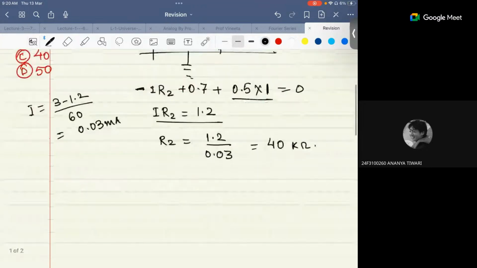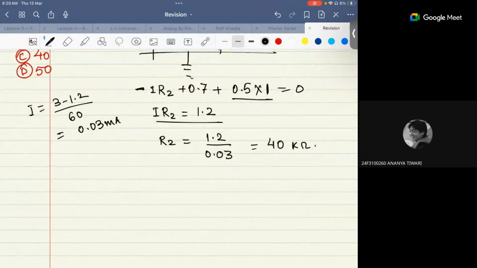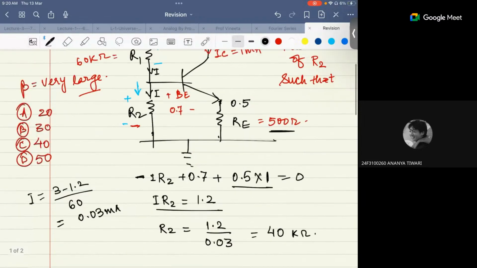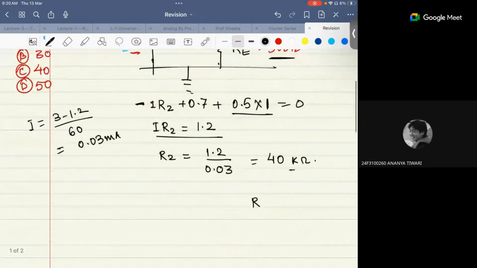One more thing, I already told you two, three times: whenever you are dealing with BJT, always write resistance in kilo ohm and current in milliampere.